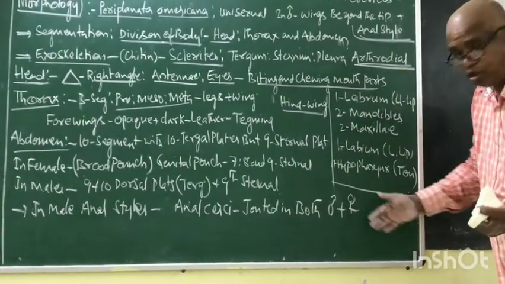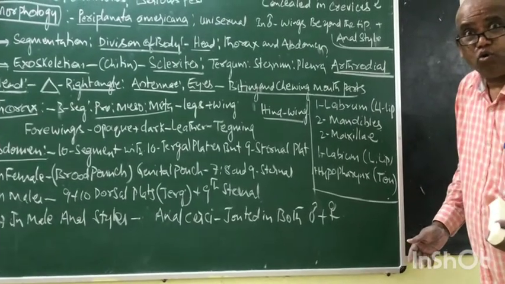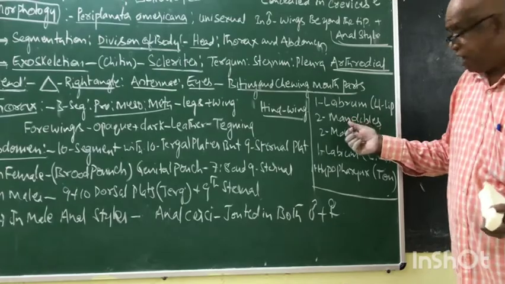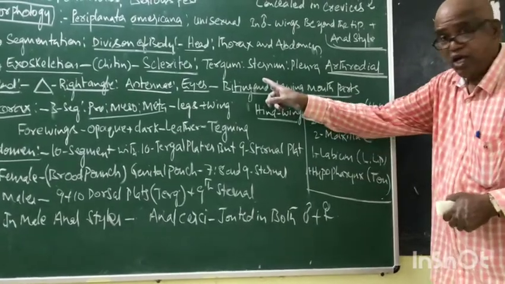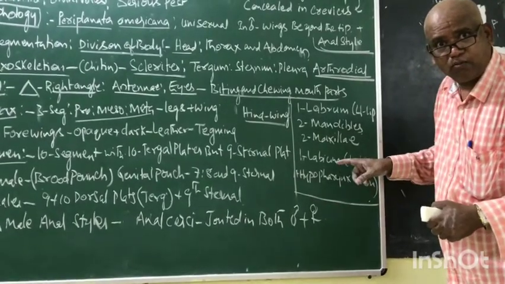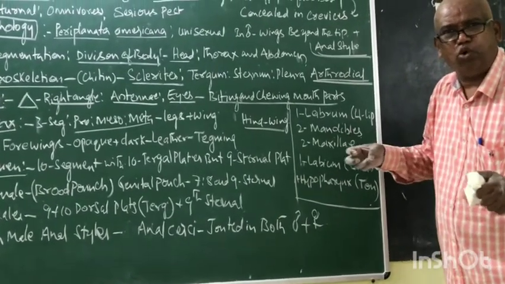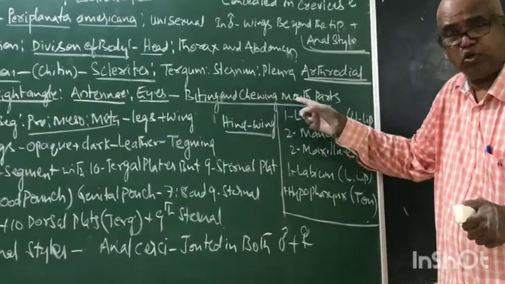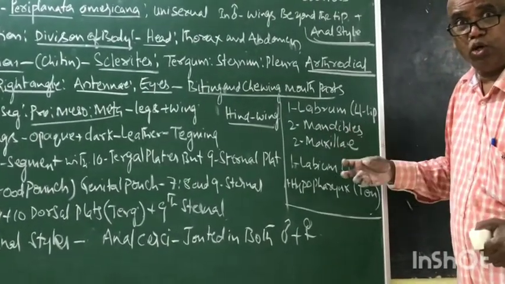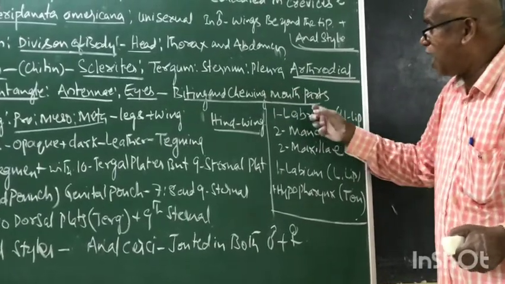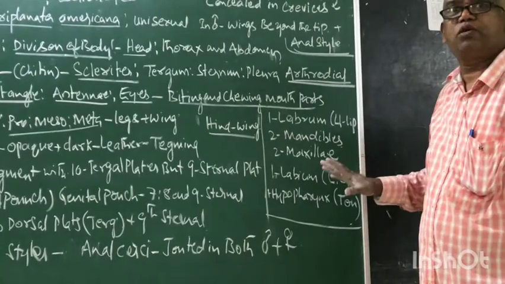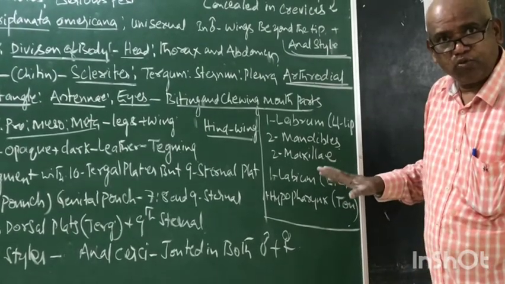But among these, who can bite, who can chew? That is the mandibles. Mandibles perform both functions, biting and chewing. Be careful, the mandibles play the major role in biting and chewing. The others help. This is about the biting and chewing mouth parts.